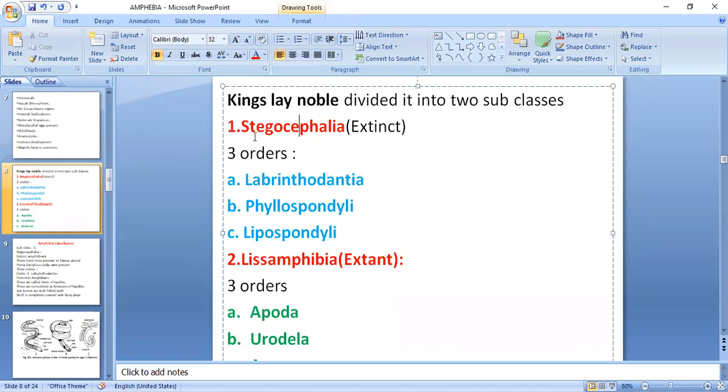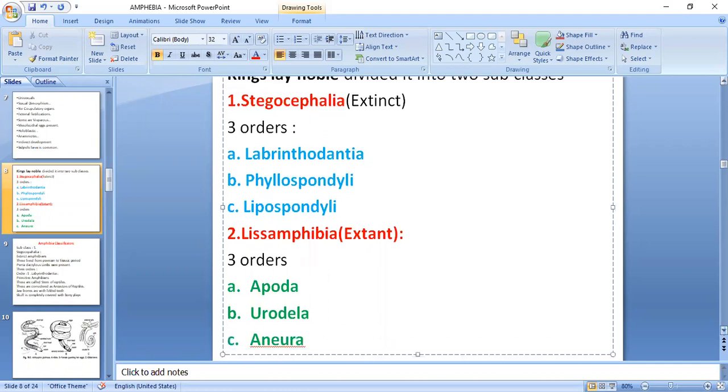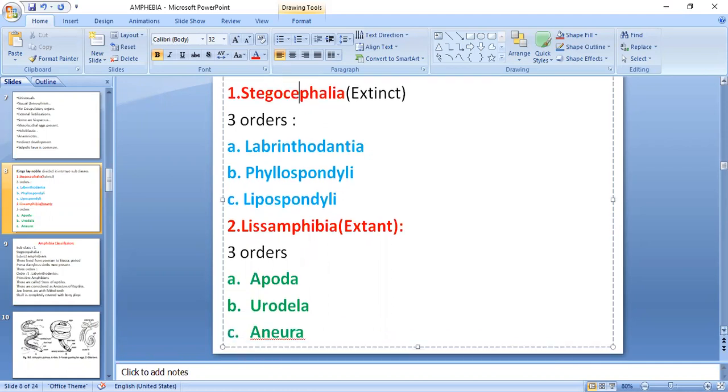It has three orders, which we discussed yesterday: Labyrinthodontia, Phyllospondyle, and Lipospondyle. Then Lissamphibia are extant, that means living amphibians. It has three orders: Apoda, Urodela, and Anura.